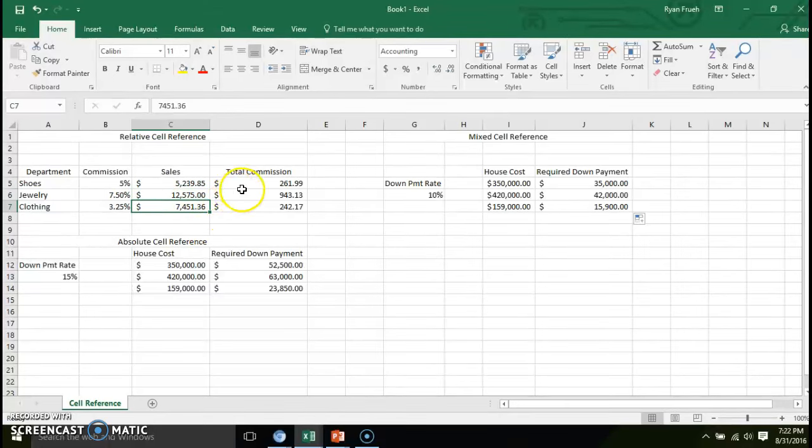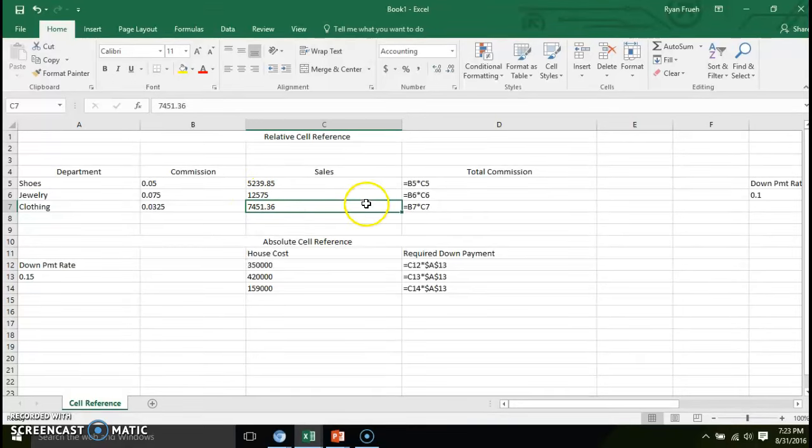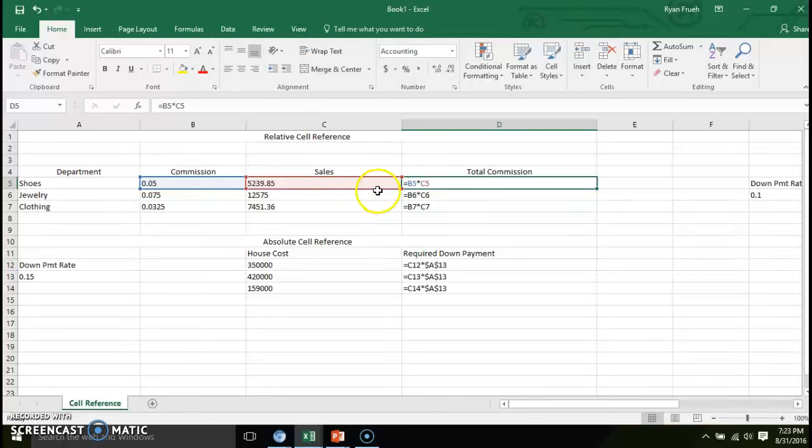So if we were to look at our formulas within this particular table report, I would hold the Control tilde button to show that, and you'll notice that in this computation we have B5 times C5 to get the sales commission for those sales.